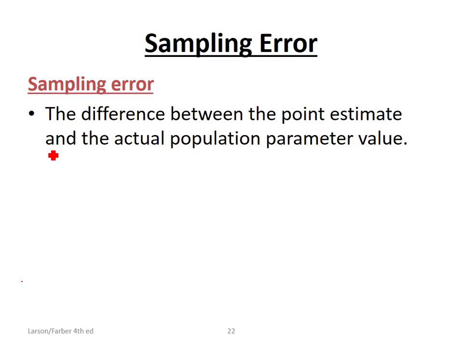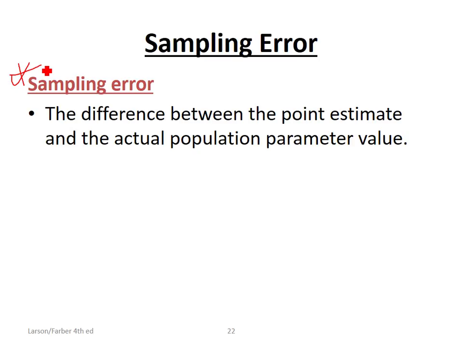Sampling error. This is important: how to find this sampling error. Sampling error is the difference between the point estimate and the actual population parameter value.